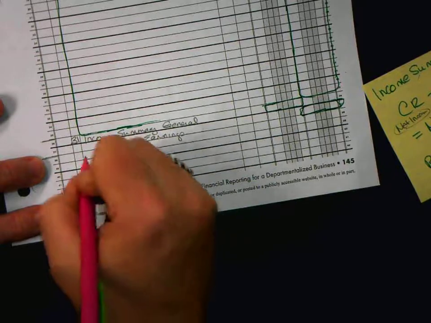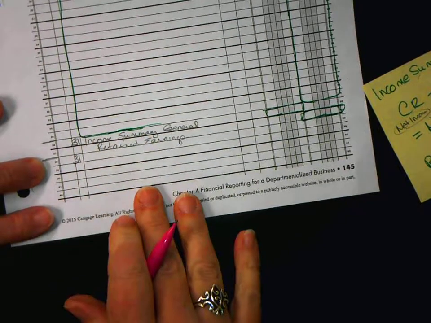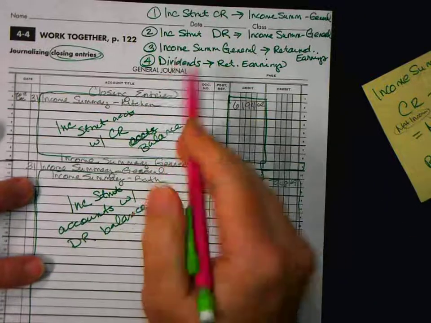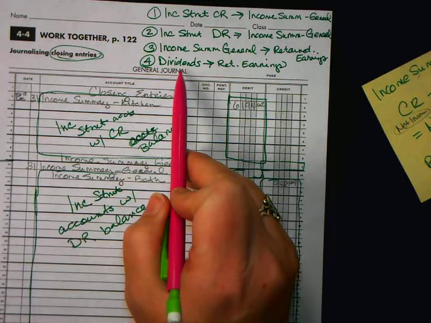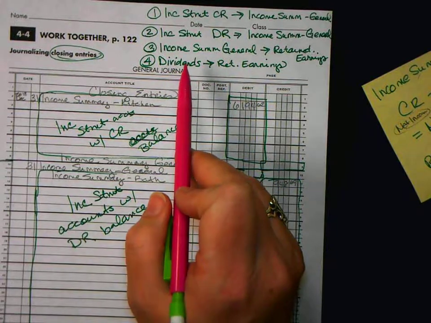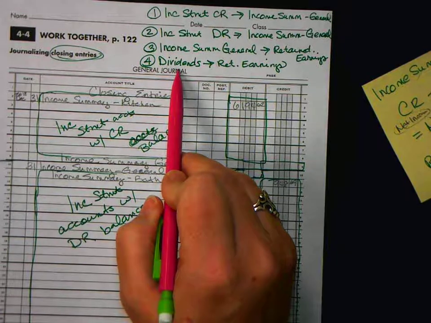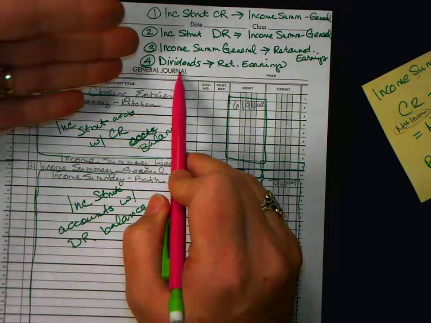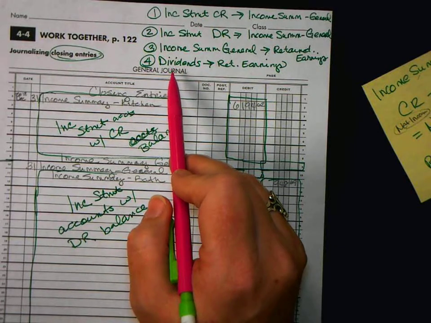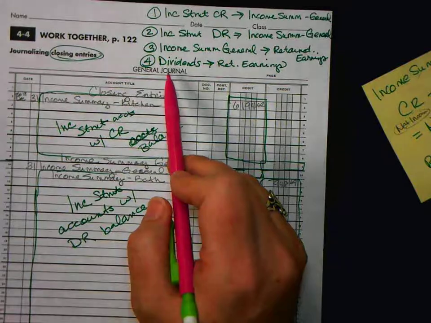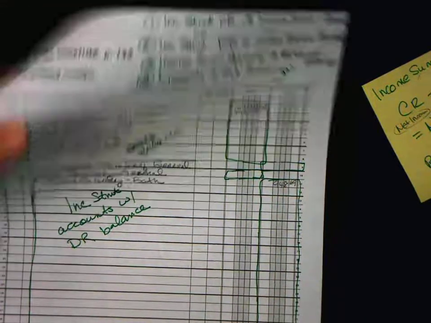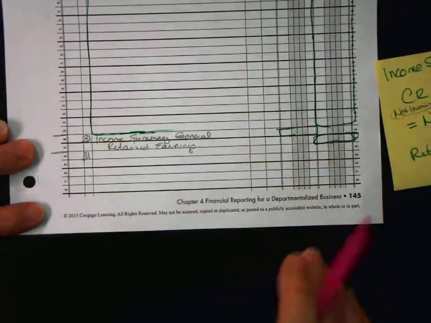All right, and then the last one is dividends into retained earnings. And so in our sole proprietorship, that was always drawing, the owner's drawing account. What the owner withdrew. Well, basically with dividends, it's the owners getting money out of the business because they're getting dividends. And so it's the same activity, same action.